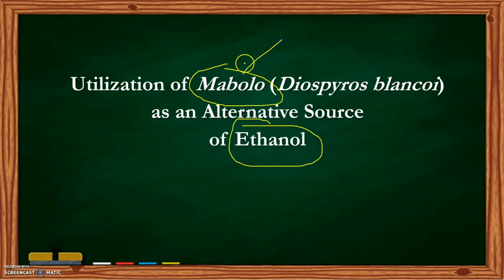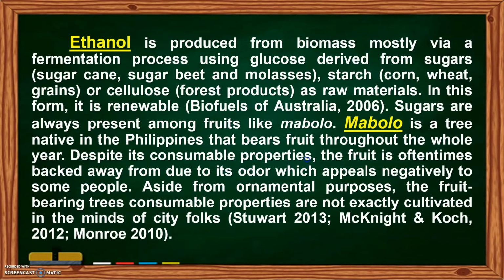So dapat ma-discuss natin yung tungkol kay mabolo at tungkol din naman kay ethanol. So look at this. Ethanol is produced from biomass mostly via a fermentation process using glucose derived from sugars, the sugarcane, sugar beet, or molasses, starch, or it can be corn, wheat, grains, or cellulose, forest products as raw materials.